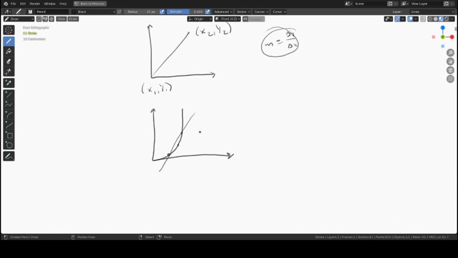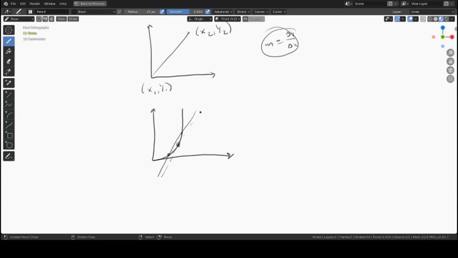It's not going to be perfect, but we end up with what's called a secant line, which approximates the slope of the tangent at this particular point on the graph.